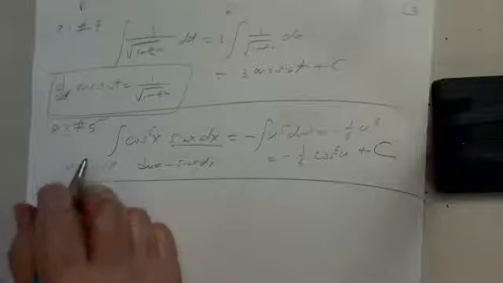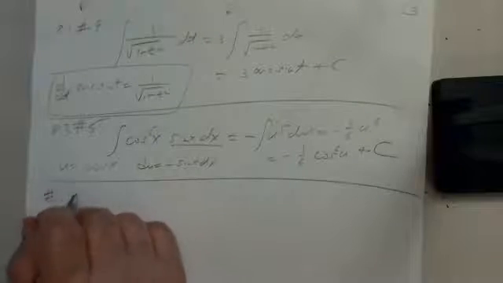Let me do problem 6, because that's one where there's one slight technique you have to use, which we didn't have to use just now. That's the integral of cosine cubed x sine to the fourth x dx. So when you have a power of a cosine times a power of a sine, you look to see whether at least one of them is an odd power.